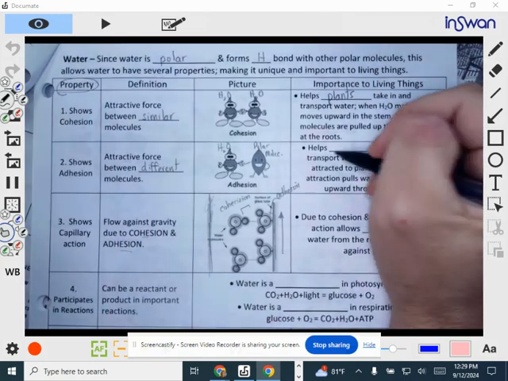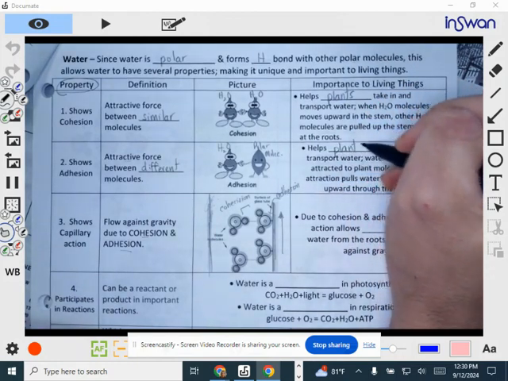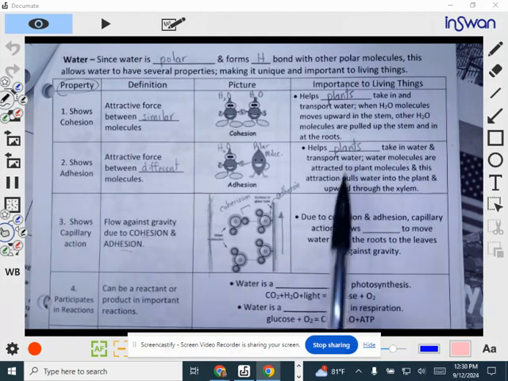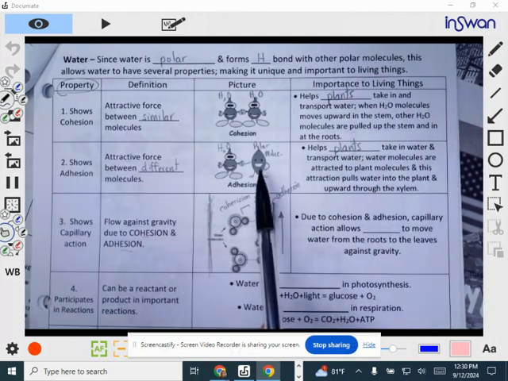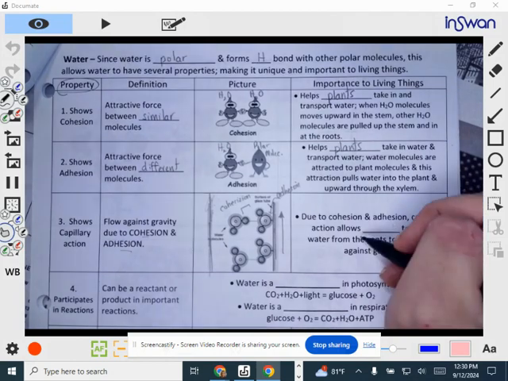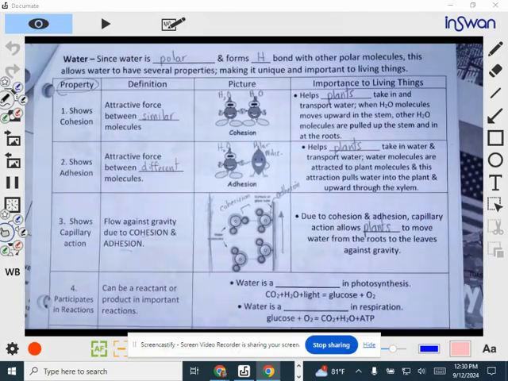When both are taking place and water is moving through the thin columns up a stem, we say capillary action is happening. So all these relate to plants taking in water in the roots and transporting it upward through the stem to the leaves.